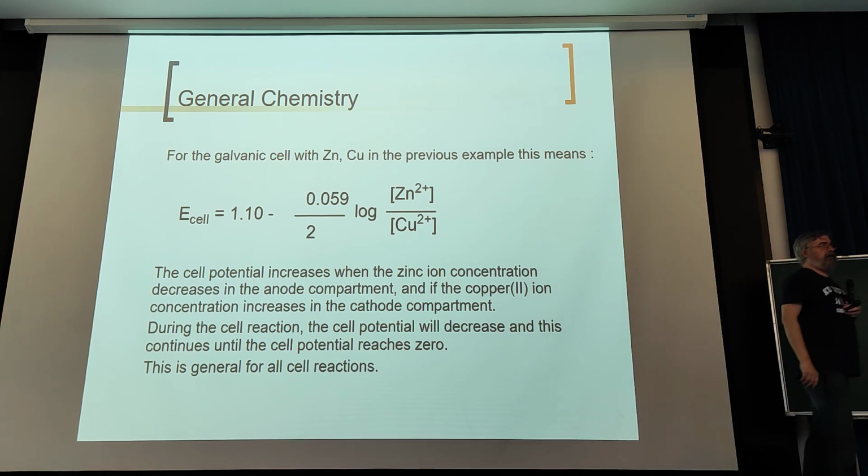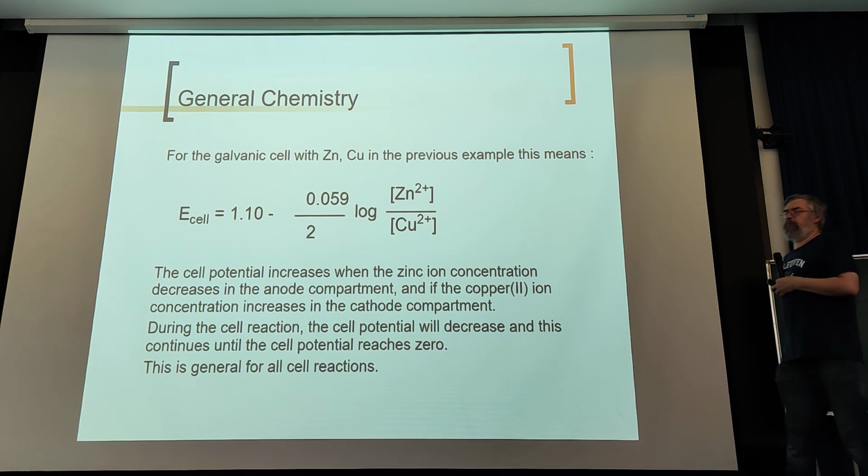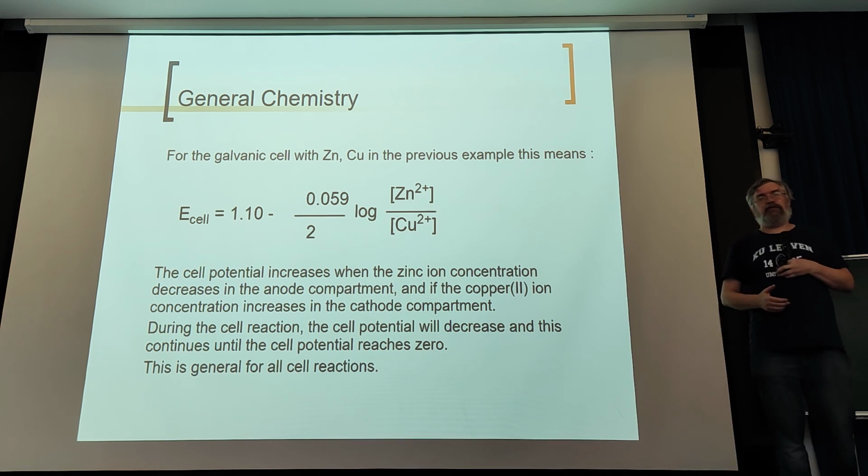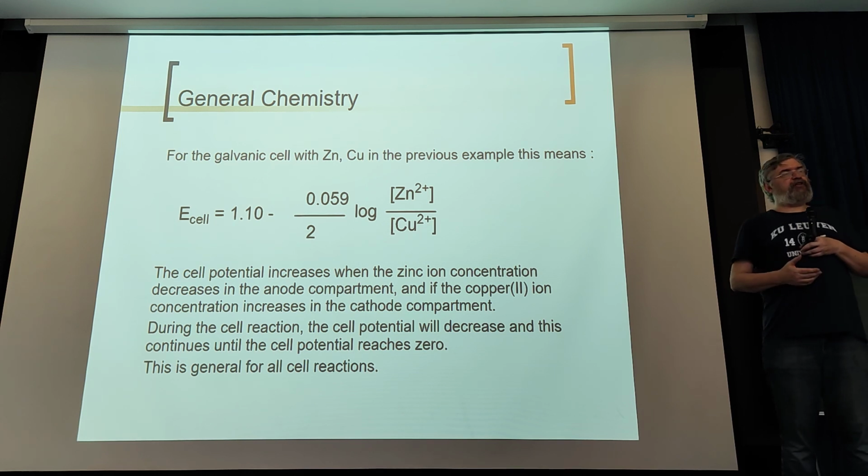If there is as much zinc as copper, if the concentration is the same, the logarithm is the logarithm of 1, and that's 0. That means, in this case, your cell potential is the standard potential, 1.1 volt.